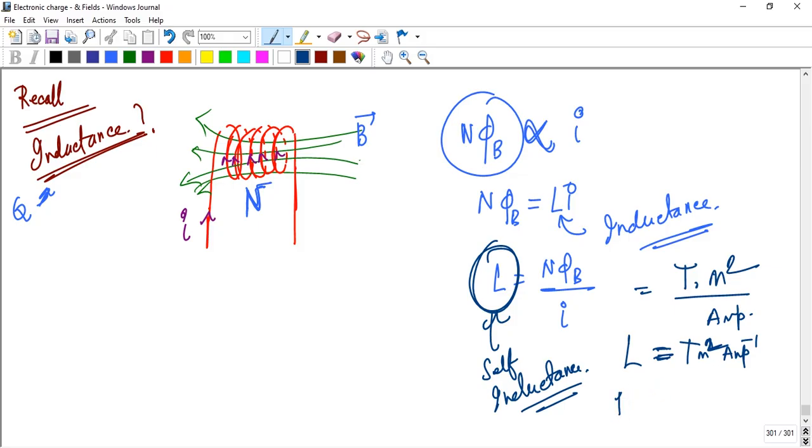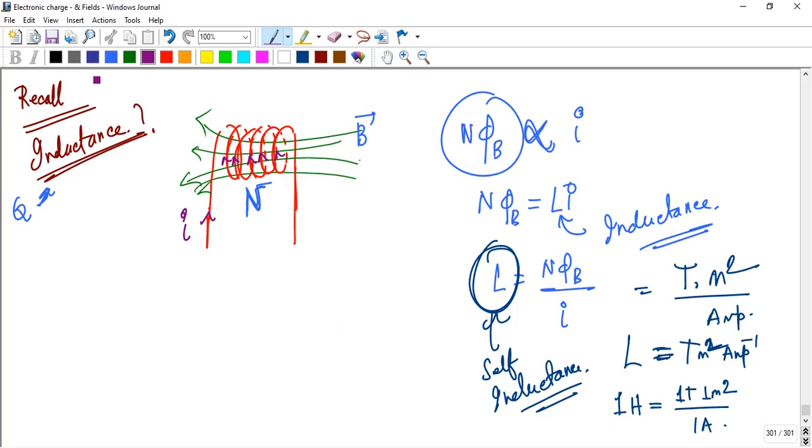So 1 Henry equals 1 Tesla 1 meter square by 1 ampere. Okay, so two types of inductance are discussed mainly, self inductance and mutual inductance.